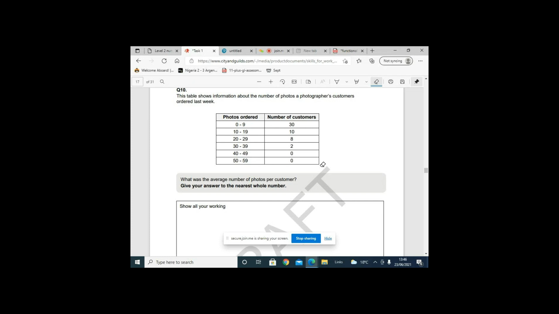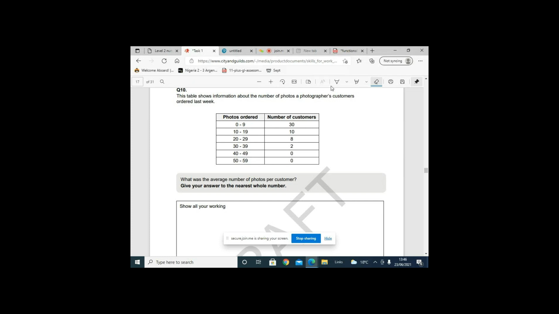Then 89 divided by 2 is 44.5, times 0 is 0. Then 50 plus 59, that's 109, divided by 2, that's 54.5, times 0 is going to be 0.